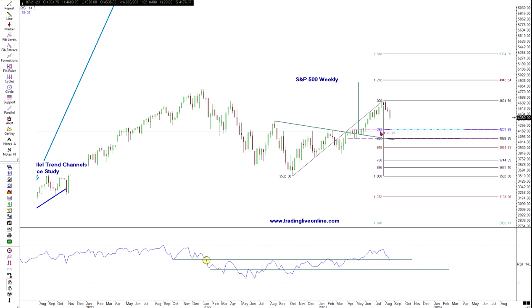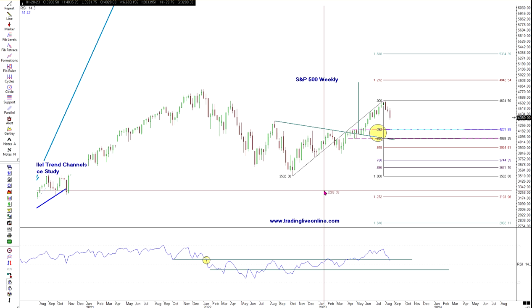The 0.382 is coming in right around that 4,200 level, and this lower level here is coming in right about the 0.50 retracement. So these are definitely areas that we want to watch, and these may offer, we don't know yet, we have to see how the market looks if it gets down closer to that, but this may offer very good buying opportunities.